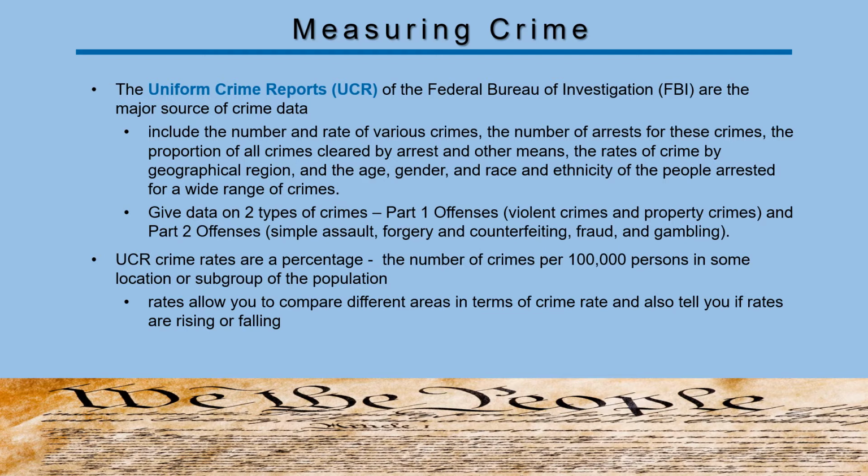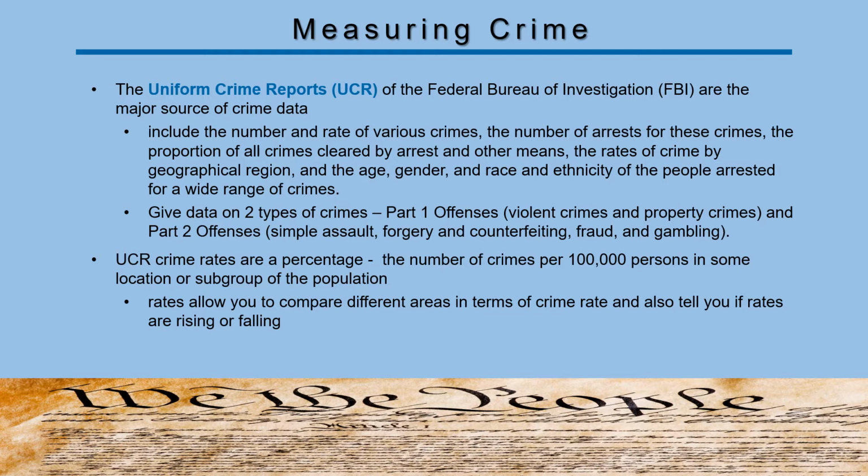Obviously, if you live in a small community like I do in Leverett, which is about 1,800 people, say you have a single murder, that is going to give you an astronomical murder rate per 100,000 people. So obviously, the larger your community, the more accurate that information is.